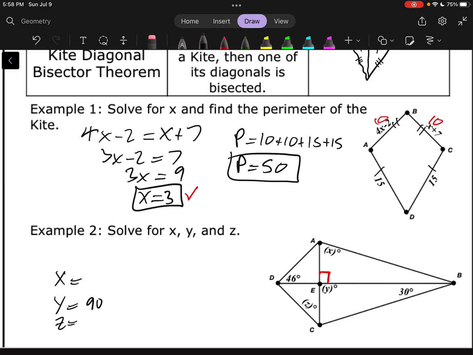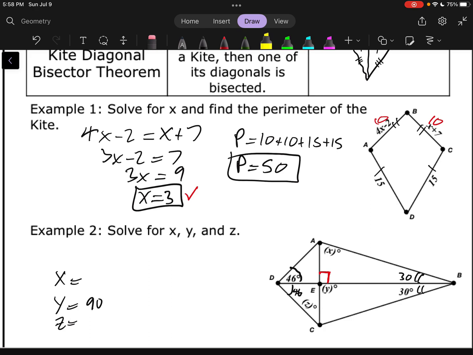Also, one thing about kites is that we've got one set of angles that are getting bisected. So this angle and this angle are the same, so this is a 46. And this angle and this angle are the same because those are the angles that are getting bisected, like angle D is getting bisected, angle B is getting bisected.